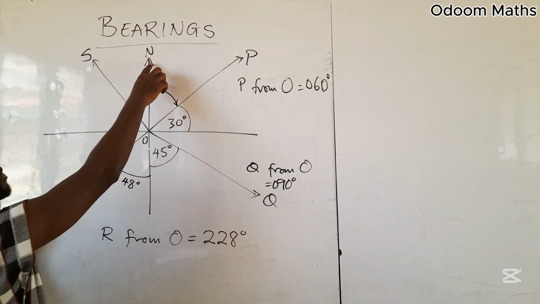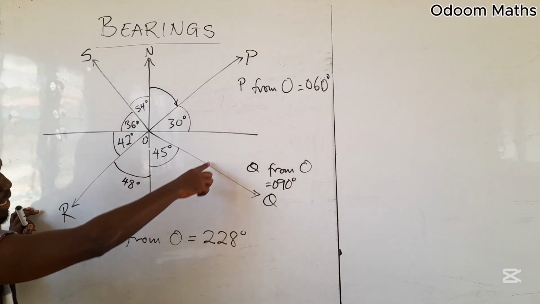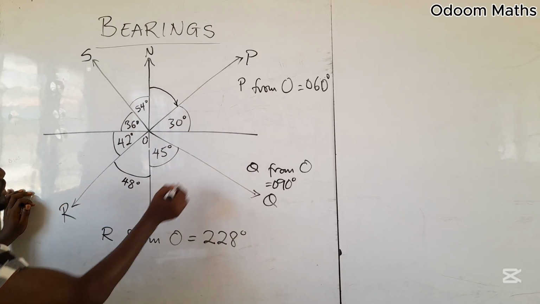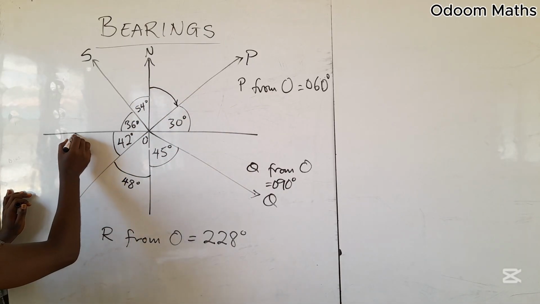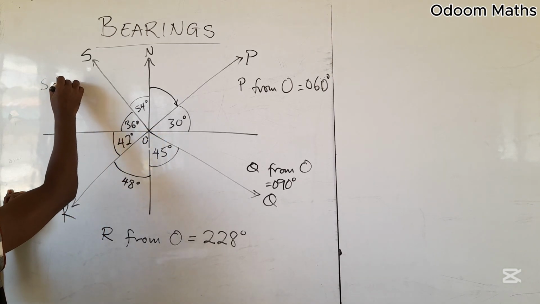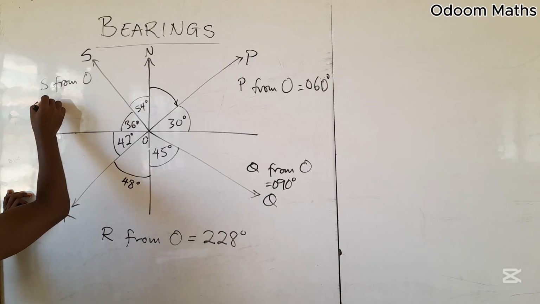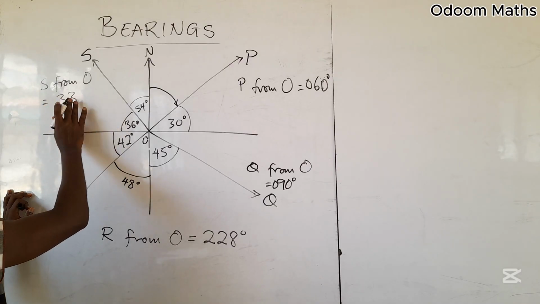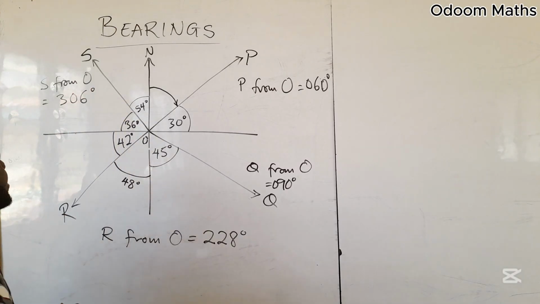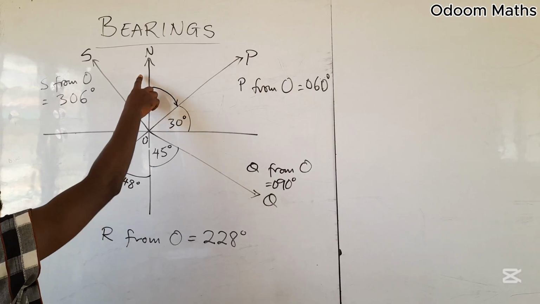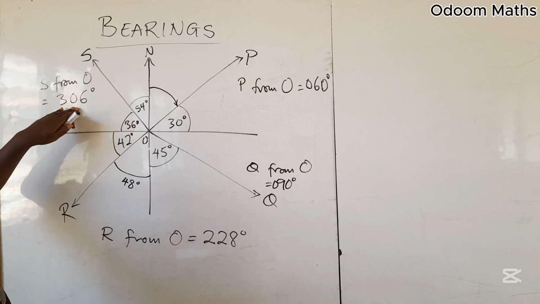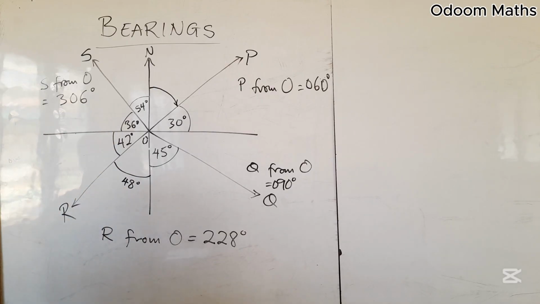From the geographic north clockwise to here is 270, and 270 plus 36 becomes 306. So the bearing of S from O is 306 degrees. You can also do it this way: from this point back is 360 degrees, so you take 54 from 360, and that gives you 306 degrees.